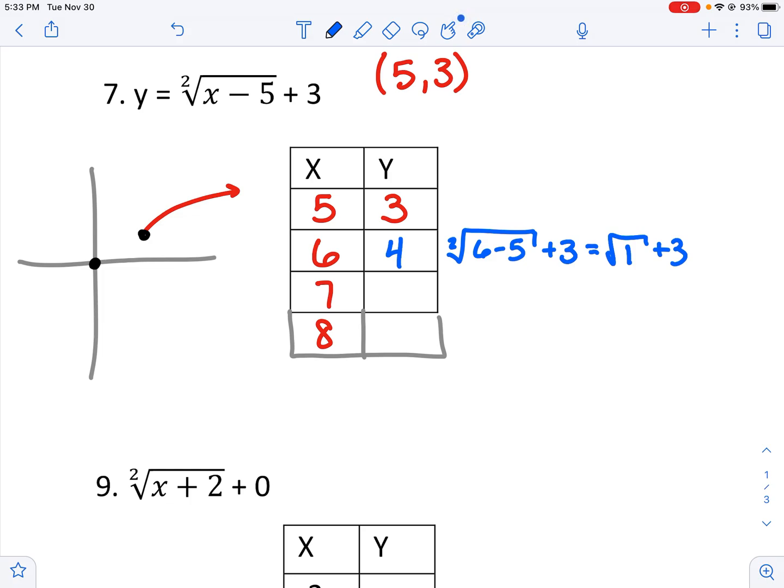That's just going to follow along until the end. But I still have a square root, so I can still simplify a little bit farther. The square root of 1 is 1. And I'm just going to keep that plus 3. And now I've got a nice, easy, one-step operation. 1 plus 3 gets me 4.